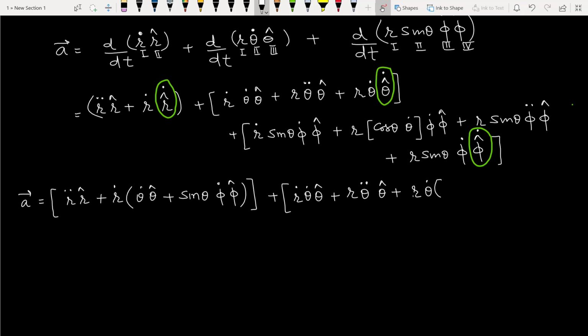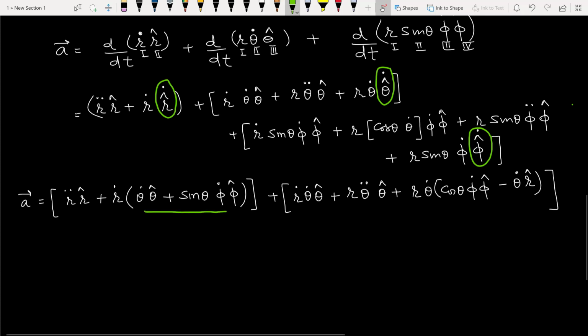Here theta cap dot is cos theta phi dot phi cap minus theta dot r cap. So these expressions have been already derived in our previous lecture. If you have any problem, you can see there.